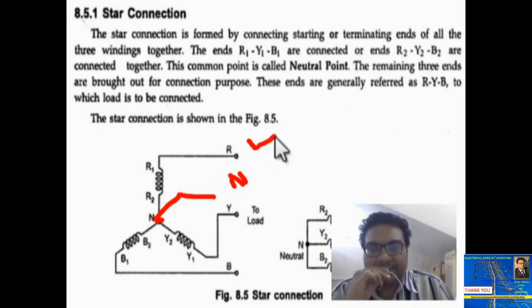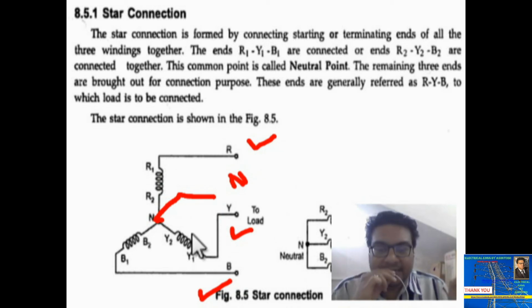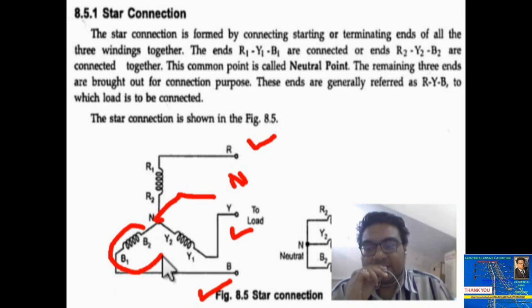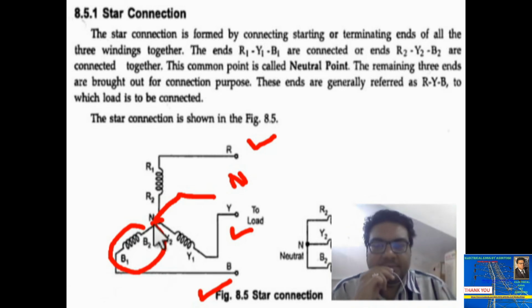You see here, this is the R phase, then comes the Y phase, then comes the B phase. The EMF induced in this phase is called ER. The EMF induced in this Y phase will be called EY. The EMF induced in this phase will be called EB. So guys, basically what equations can you write?